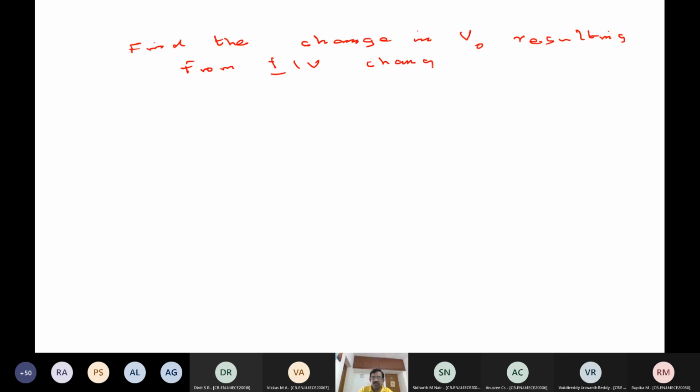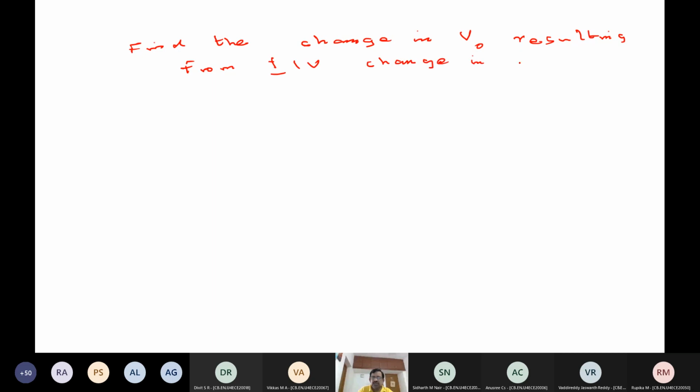So that is one thing. Now let us go to the second problem. Find the change in output voltage resulting from the power supply ripple of plus minus 1 volt change in V plus.